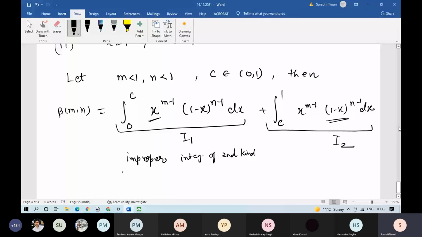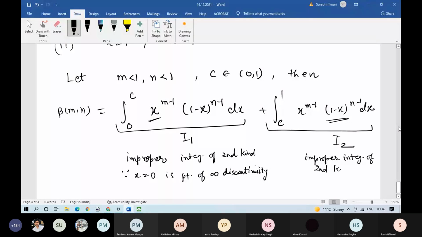Why? Since x equal to 0 is a point of infinite discontinuity, and this is again an improper integral of the second kind. Why?